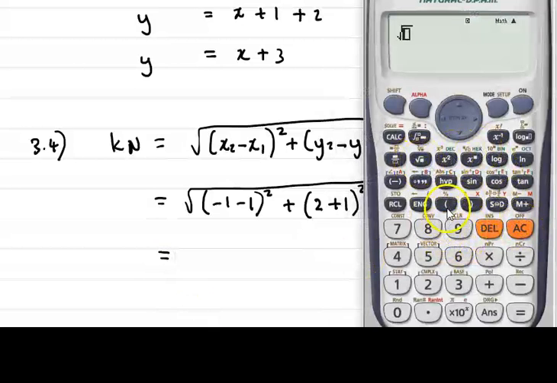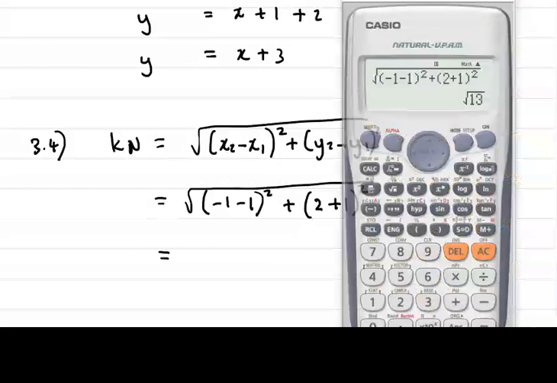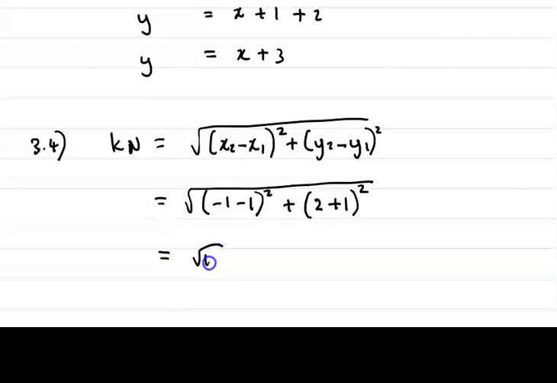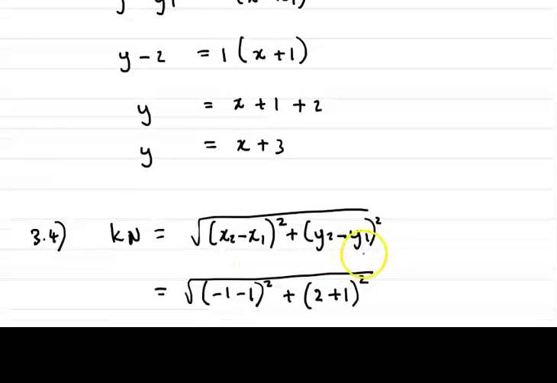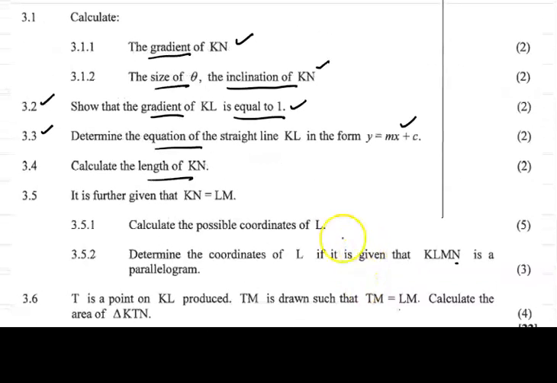The square root of minus 1 squared plus, in brackets, 2 plus 1 squared equals the square root of 13. KN equals the square root of 13. Okay, so for 3.4, the length of KN is equal to root 13.